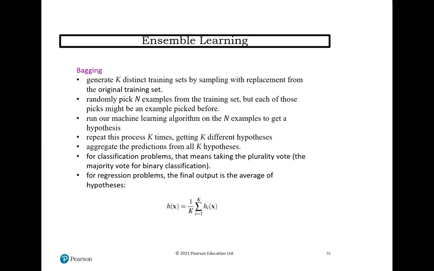So one way to do ensemble learning is what's called bagging. So in the case of bagging, what we do is, say for example, we have 100 possible training features. So what we do is we select a sample of these features from the original training set. So let's say, for example, we're going to select 10 different training sets.